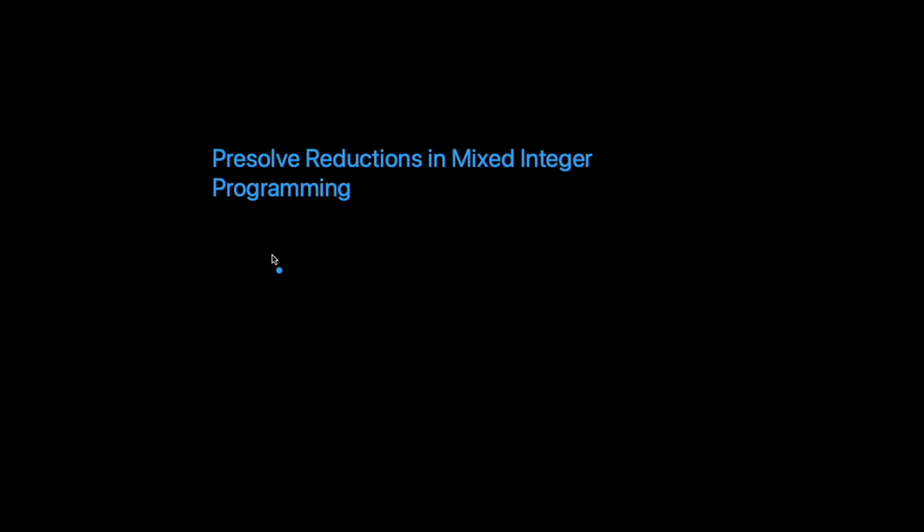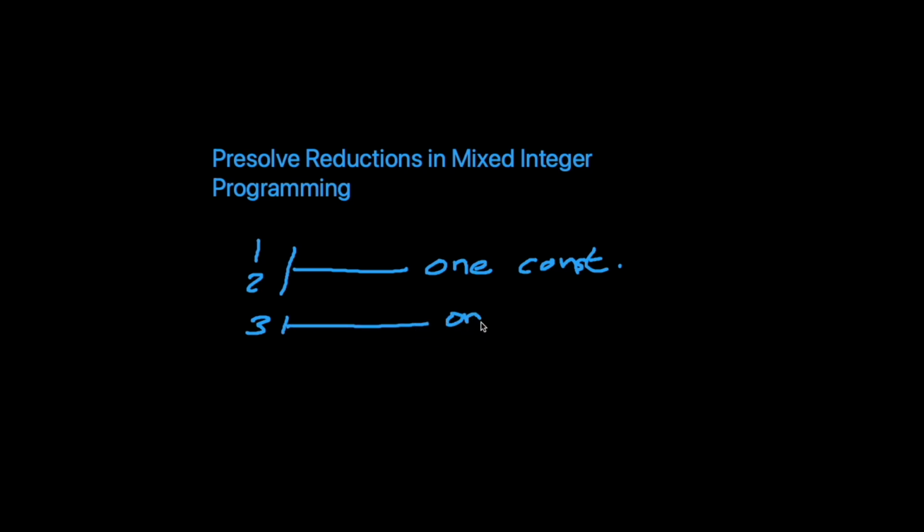So in the first 4 parts, what all things we covered, let me just briefly summarize those things. In the first 2 parts, part 1 and 2, we covered Presolve Reductions that look at one constraint at a time, and in part 3 we looked at the Presolve reductions which will only look at one variable at a time and try to do some reductions on them.